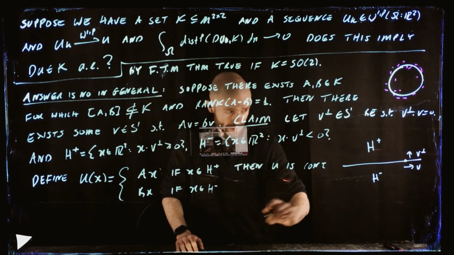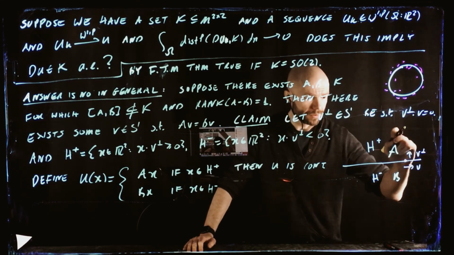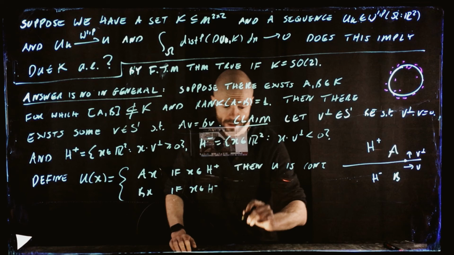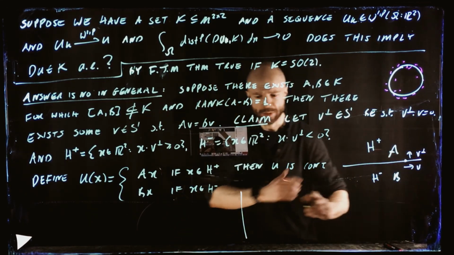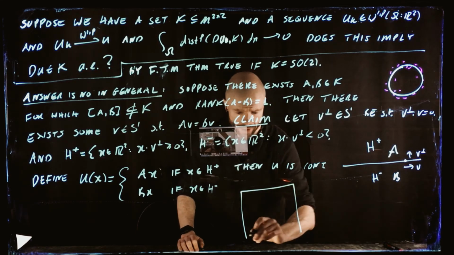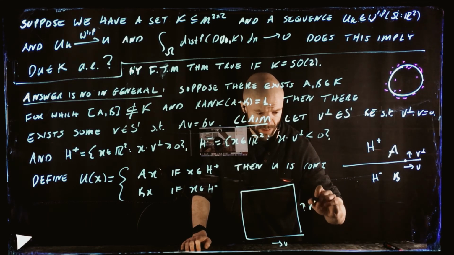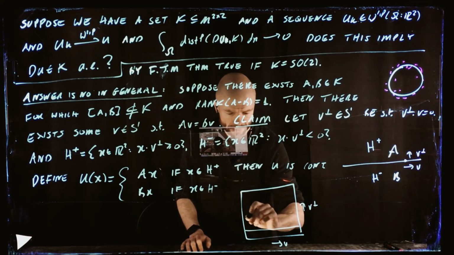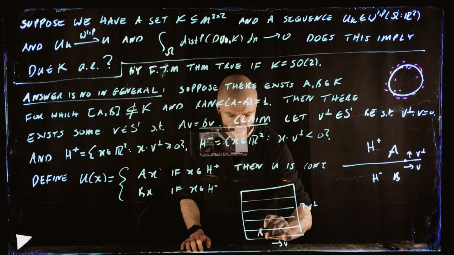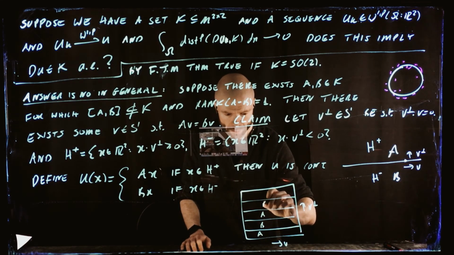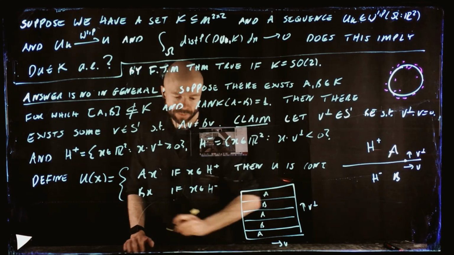So we have a function which is A here and B here, and the gradient jumps across this interface. We could actually do it the other way around, where it was B here and A here. Exactly the same argument would work. So if we take a square like this, where this is direction V and this is direction V perp, then for any number of strips we want, we can cut it up into strips like this and layer in gradients A, B, A, B, A, B. Yeah?